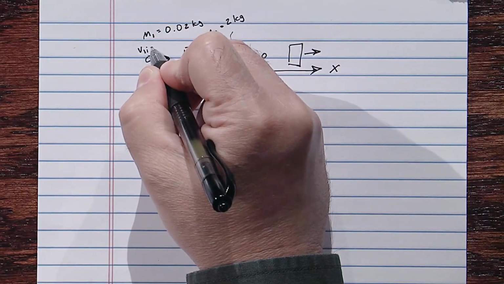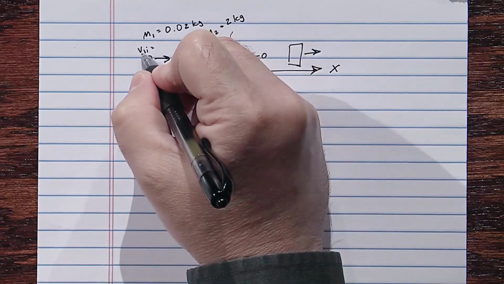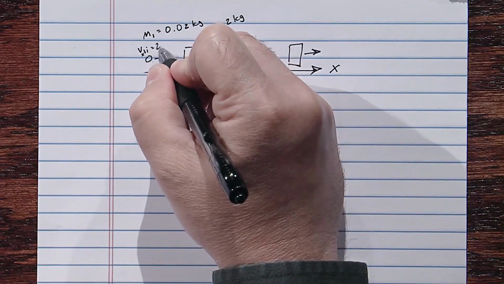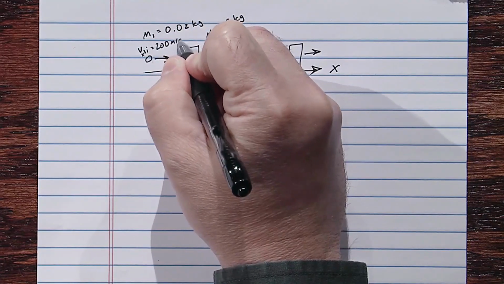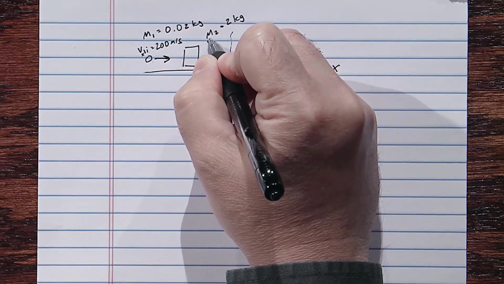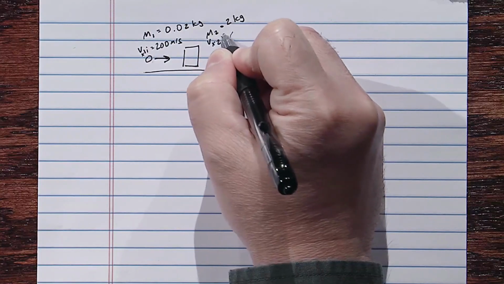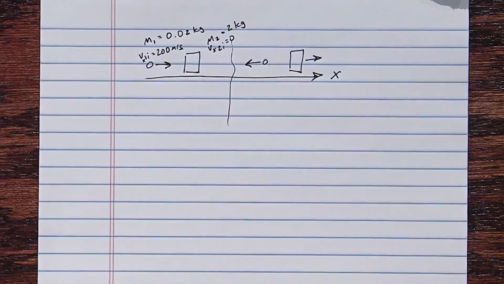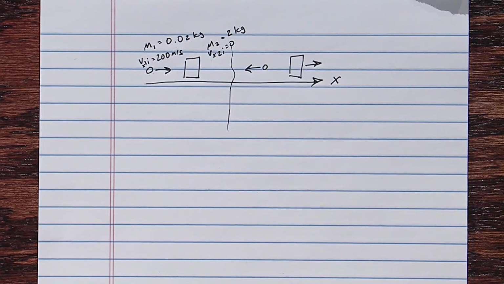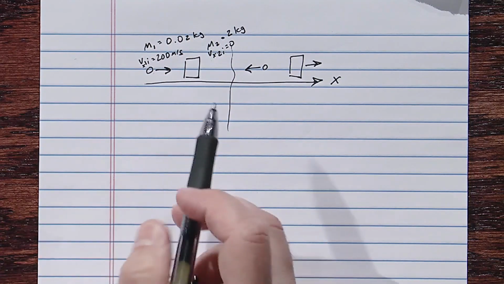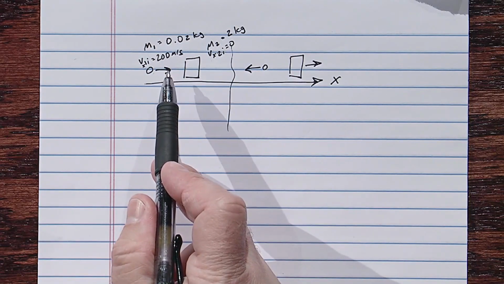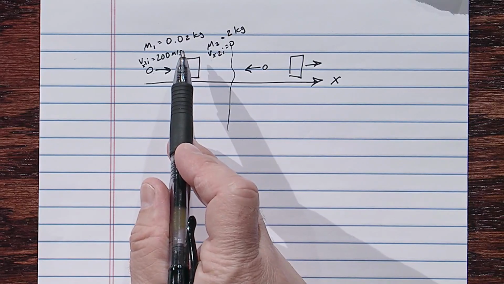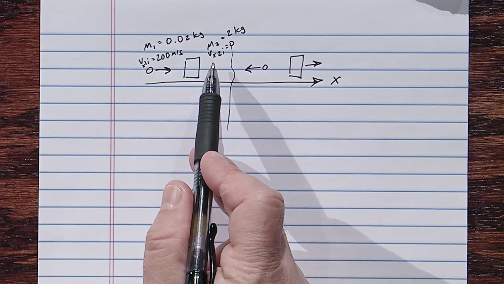V1 initial, or Vx1 initial, is 200 meters per second, and Vx2 initial is 0. That is our initial situation. Bullet moving at 200 meters per second in what we'll call east. That's the mass of the bullet, 0.02 kilograms.